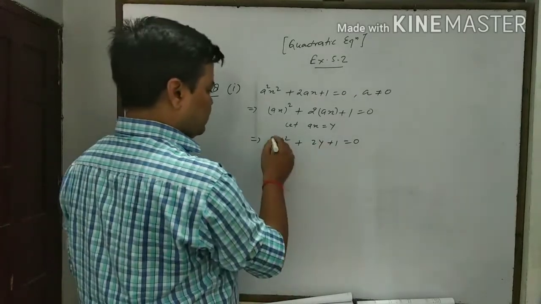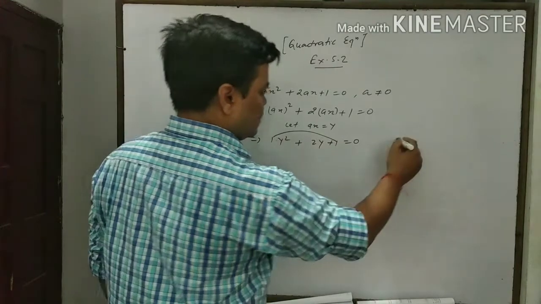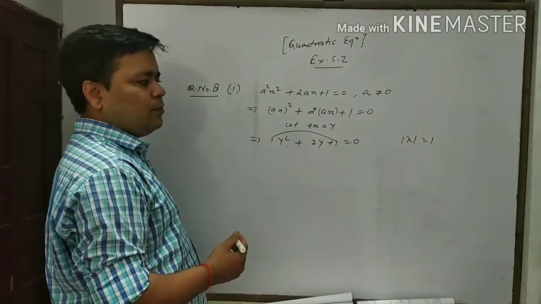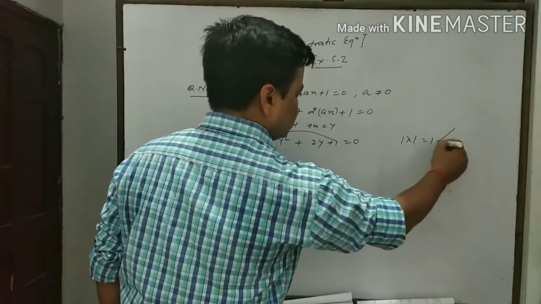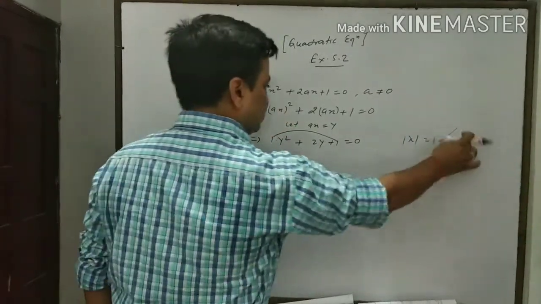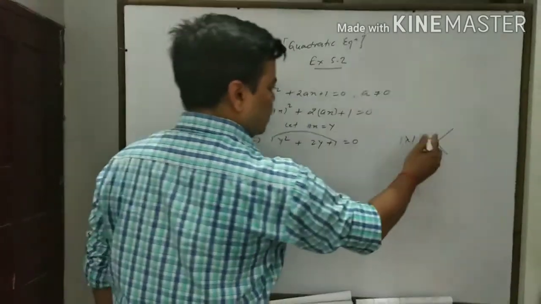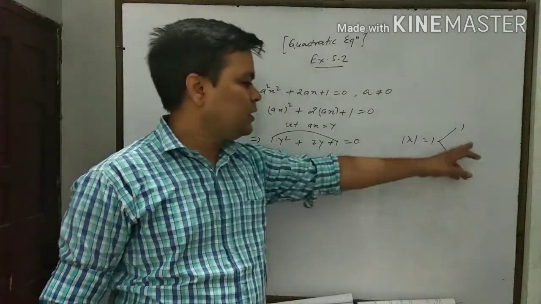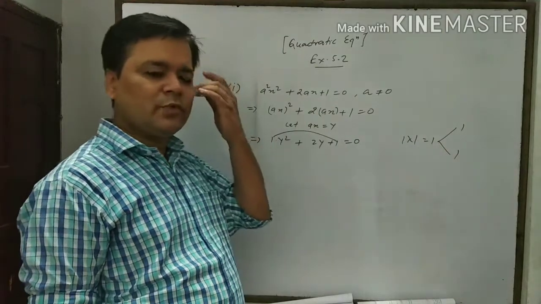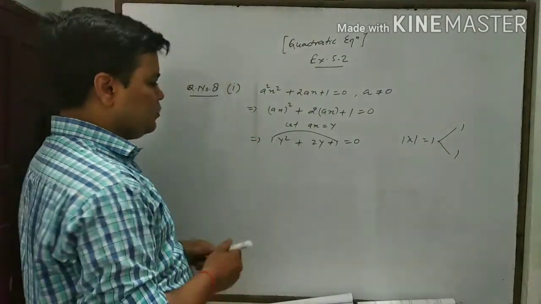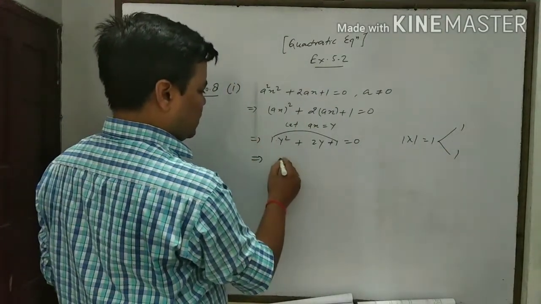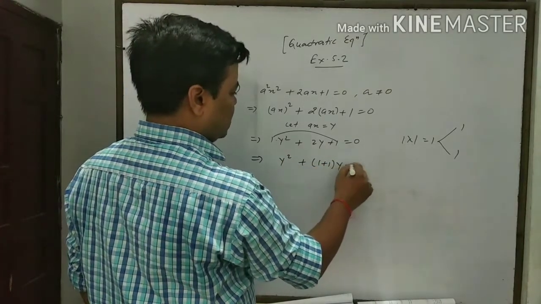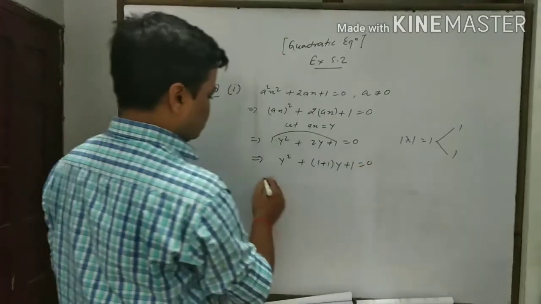Now we multiply a and c. Here 1 into 1 is equal to 1, and now break this into parts such that the addition of these should be equal to 2. So here 1 can be written as 1 into 1, because 1 into 1 is equal to 1. Now we can write it this way: y square plus 1y plus 1y plus 1 is equal to 0.